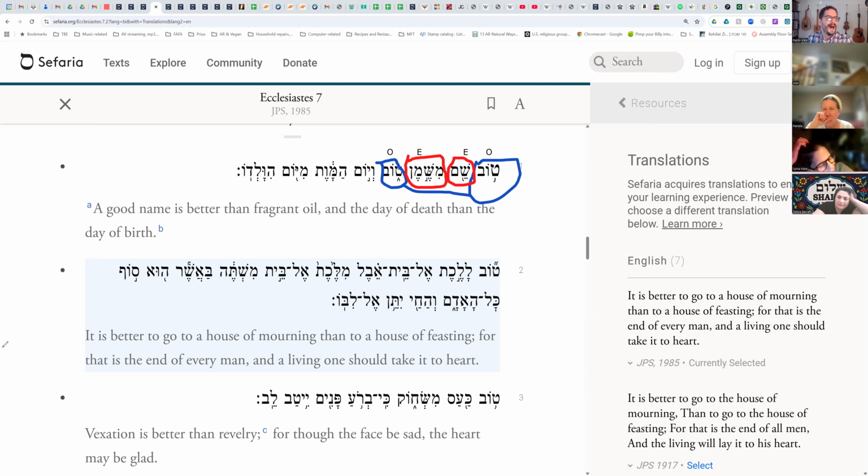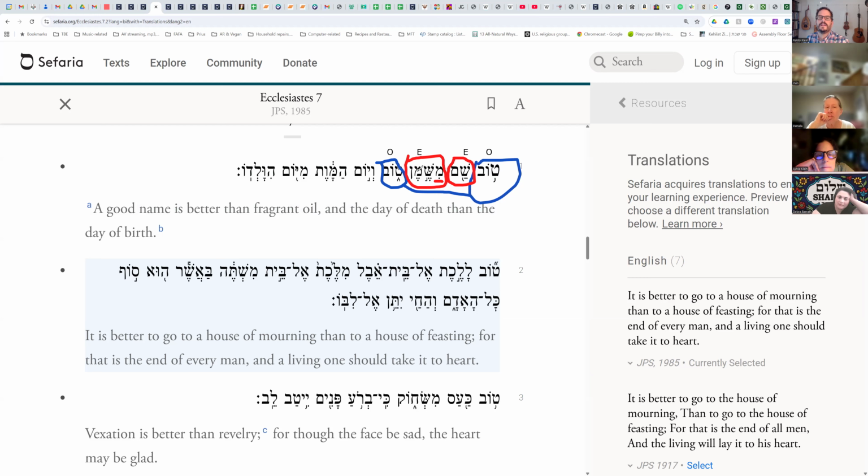Okay, I will do exactly what you said. We will talk about what the text says. I guess I don't have to erase this just yet. So, Tov Shem Mishemen Tov. Shemen is fat, or in this case, oil.